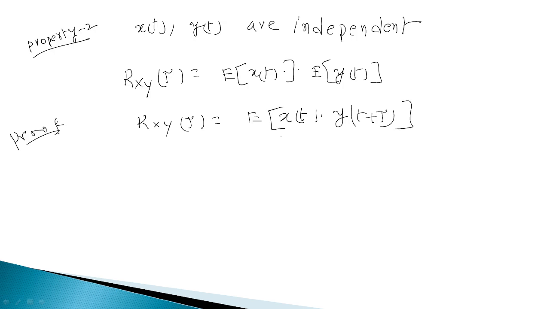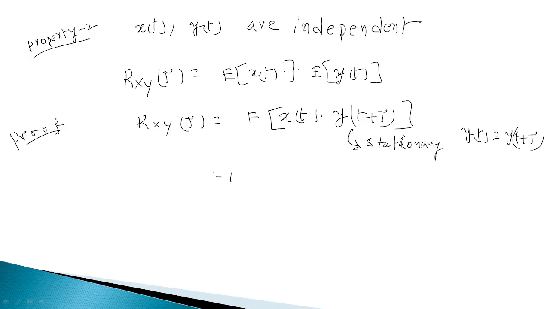Now we need the separation. If it is stationary, you can write y of t plus tau equal to y of t.